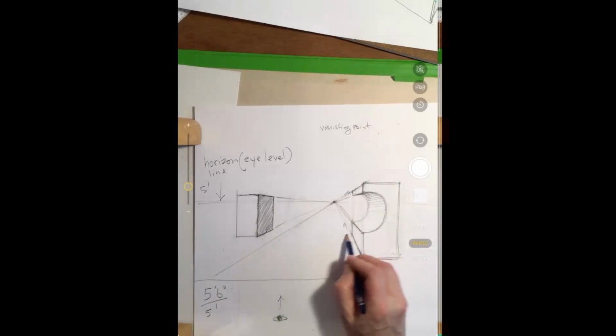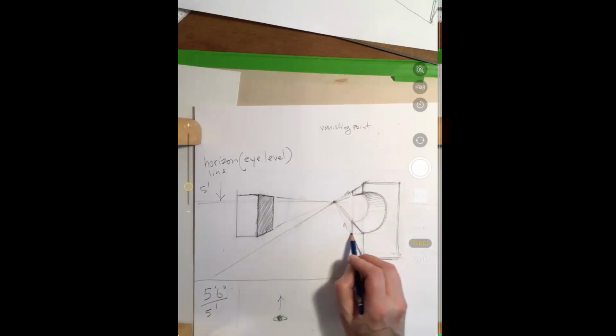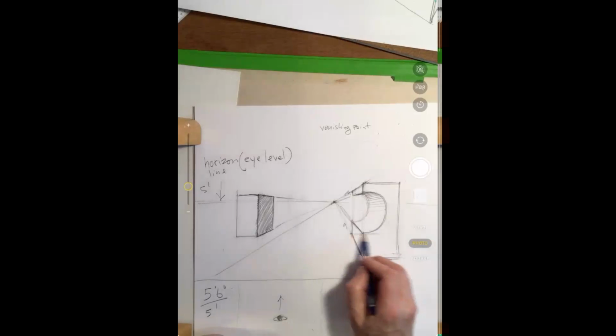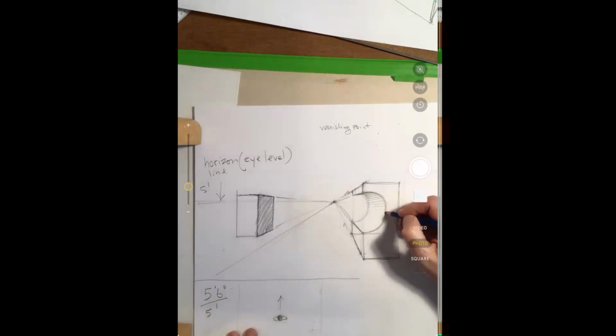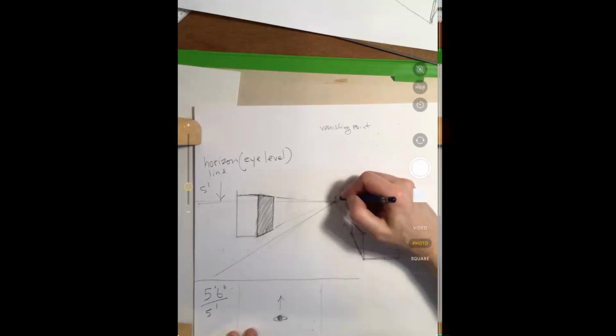Now, if I wanted to know how far in this comes, I'll need to go to the bottom of the form, so this back edge, the hidden edge. This is where it's convenient to be able to know where the hidden back edge is. As far in as it comes here, I will go down to the bottom, back in along the bottom of it to the vanishing point.